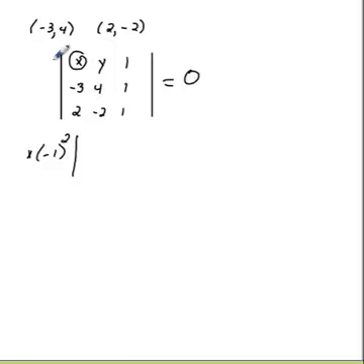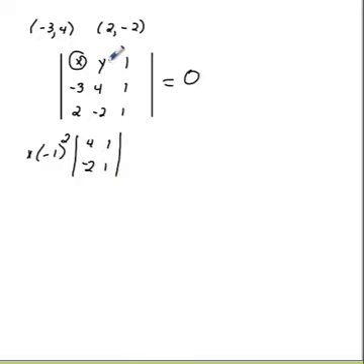So I would mark out the top row and the first column, and I'm left with 4, 1, -2, and 1. So I'm going to write those numbers down: 4, 1, -2, and 1.